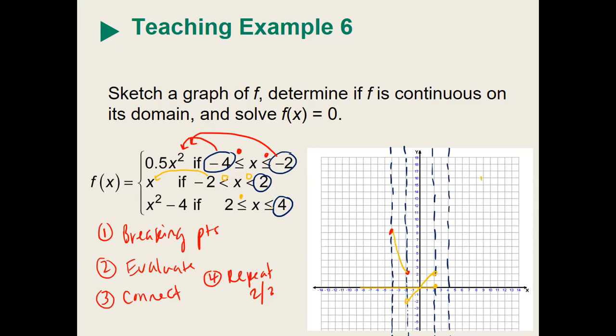And is it open or closed? Closed. So I go to 4, up to 12, and it's a closed circle. Again, it's quadratic, so I'm going to do my best to curve it. It's way up there. And that is how you graph a piecewise: breaking points, evaluate, connect, repeat.